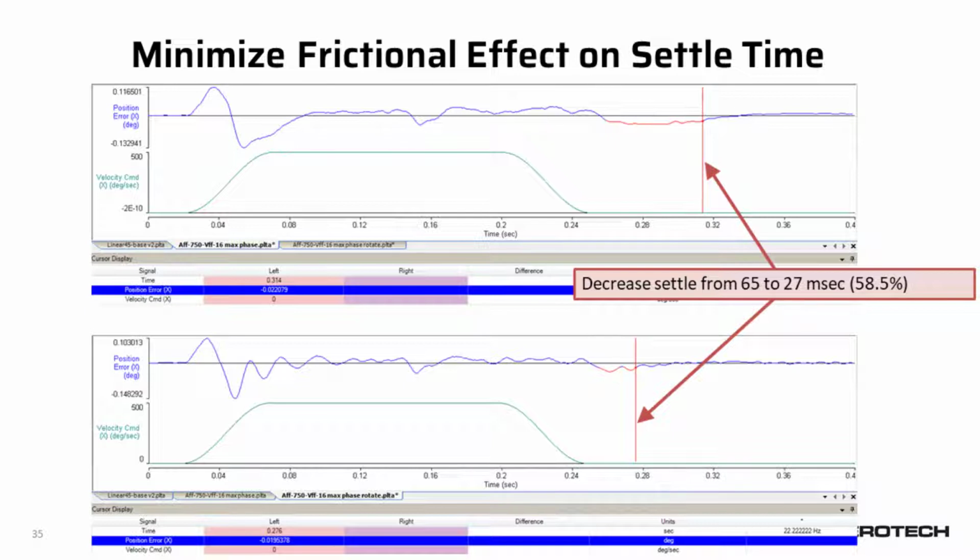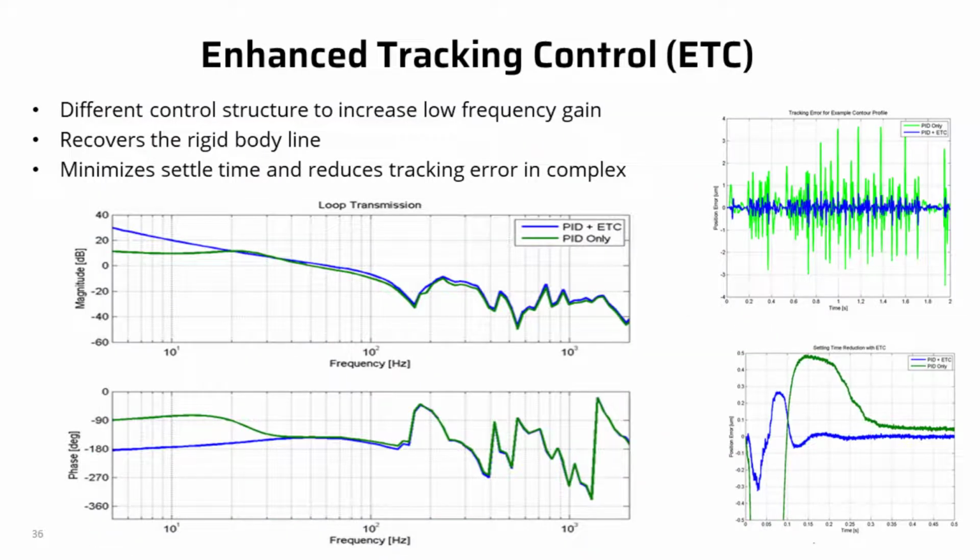So if I look at a step move before and after giving up some phase, you can see that at the top, my settle time was 65 milliseconds, and on the bottom, I got it down to 27 milliseconds. So drastically decreased the time it took to get in position in this system. That's one way to help counteract the friction.